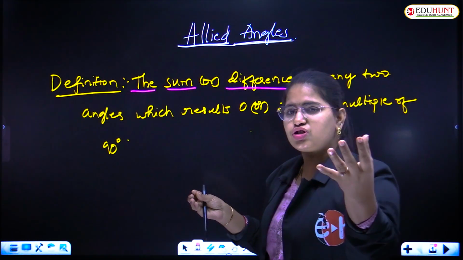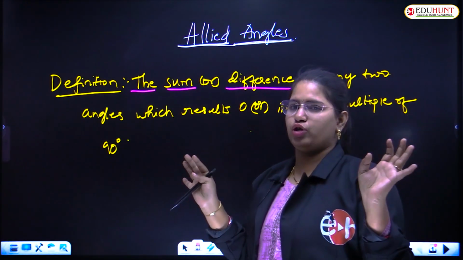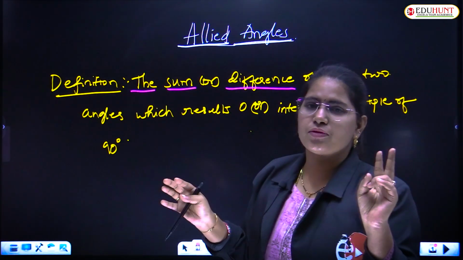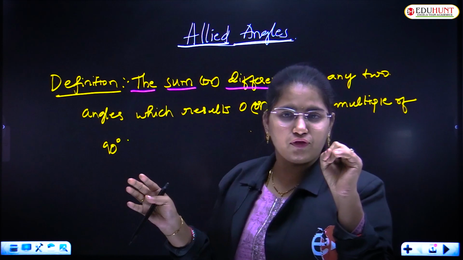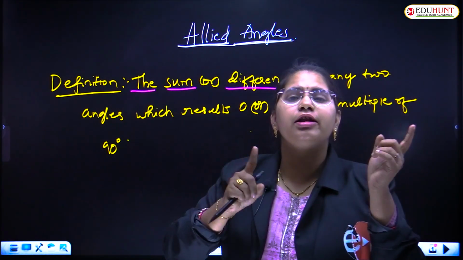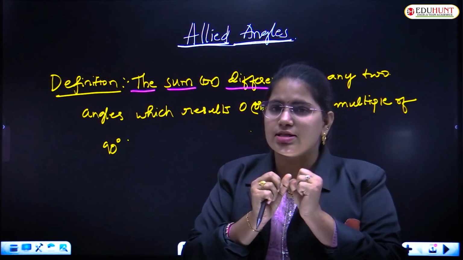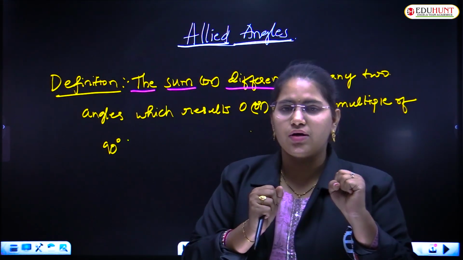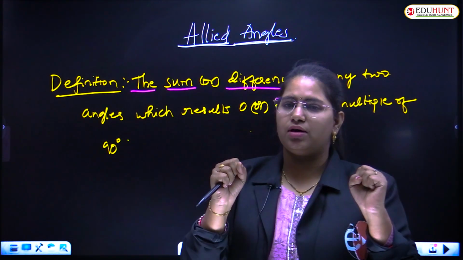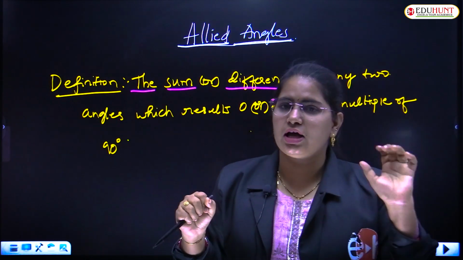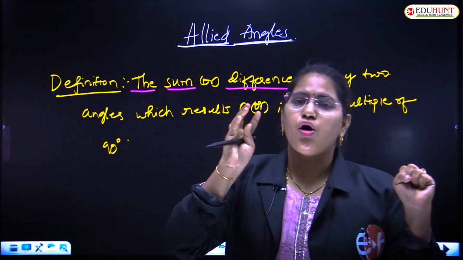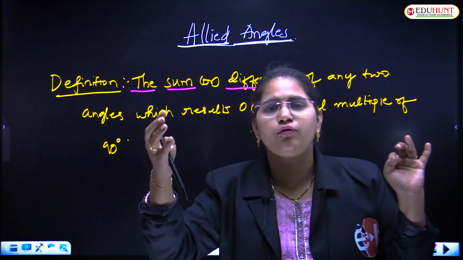Between any two angles, you do the sum or difference, and the result should be either 0 degree or an integral multiple of 90.